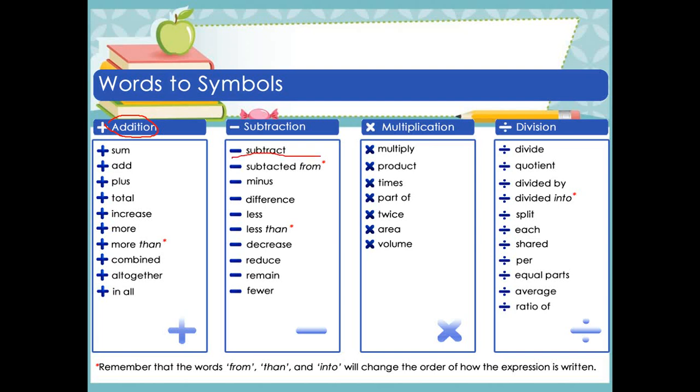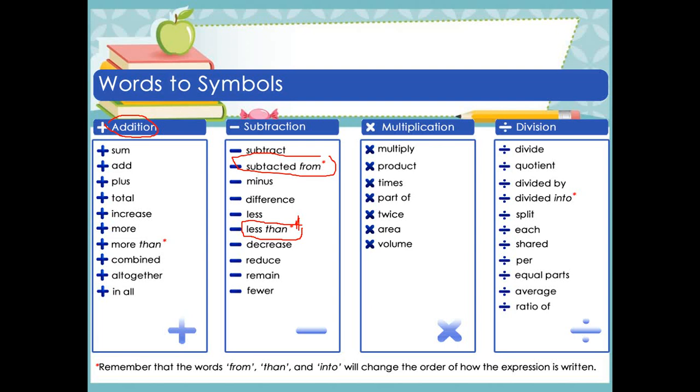The ones marked with a star are words that will change the order. Other than that, just follow your expression. So subtract from, minus, difference, less. With less, you will keep the same order that you have. But less than, no, you will change the order. You will write the opposite.